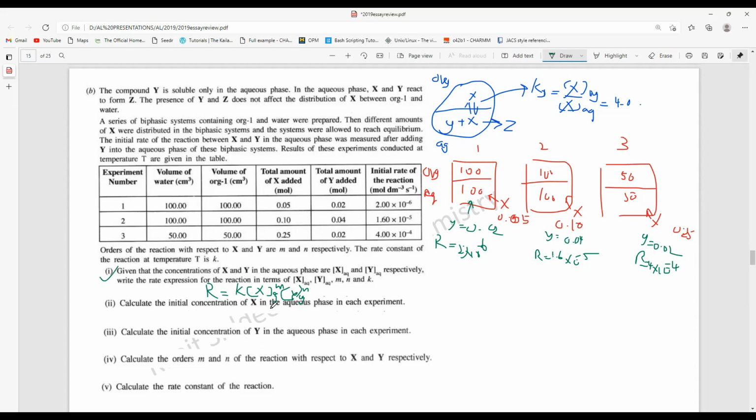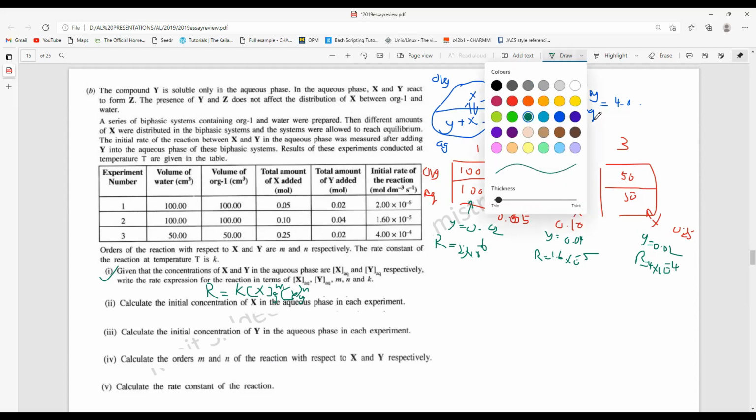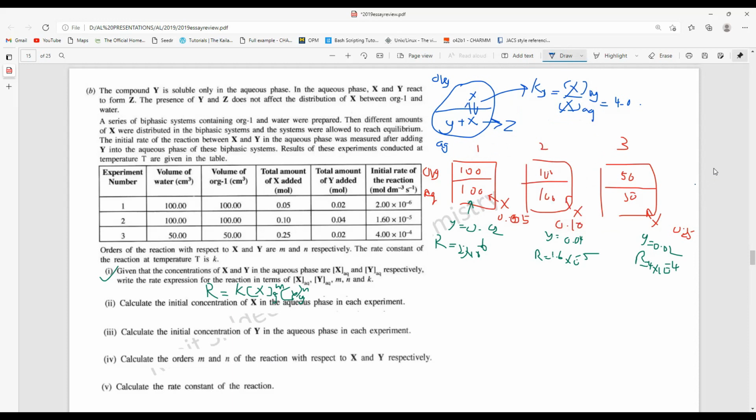Calculate the initial concentration of X in the aqueous phase in each experiment. So this is the point that you should be aware of. This is the place where students made mistakes. So here initially you have 0.05 moles of X, that is the total amount of X added here. Some students calculate the initial concentration of X in different ways.